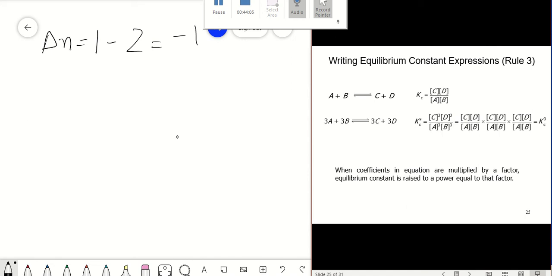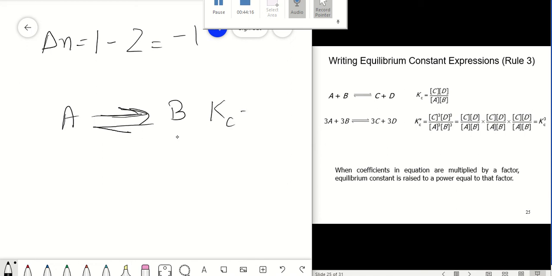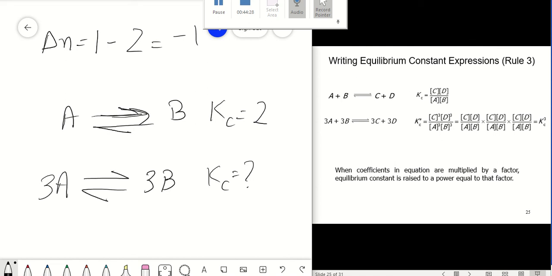Essentially, if there is a reversible reaction where A is changing to B, and the equilibrium constant for this reaction is, let's say, 2. Now I ask you, if the reaction is 3A changing to 3B, can you tell me what would be the equilibrium constant for this reaction?